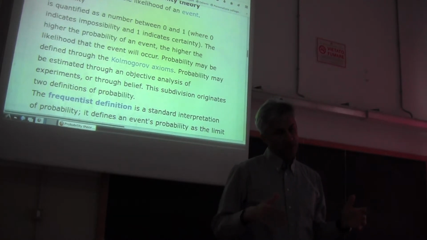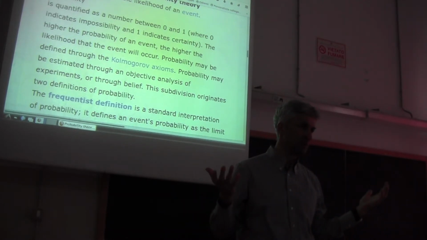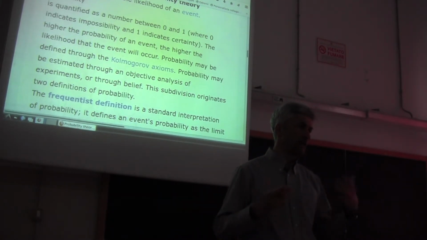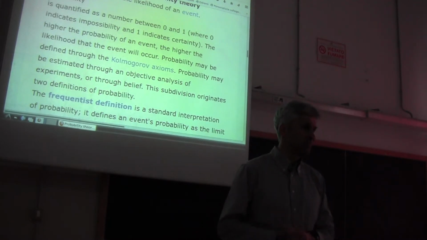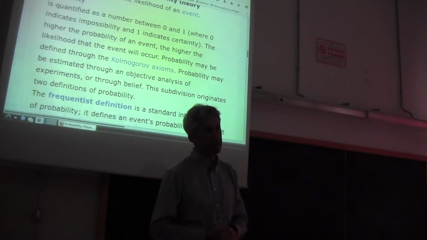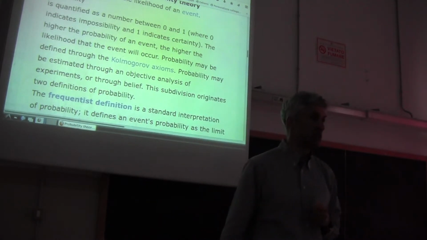And the probability of getting this event is measured through a number from 0 to 1. 0 means that the event is impossible. Even in our current language, sometimes we say the probability that tomorrow the temperature is 40 degrees is 0. Okay? 0 means that the event is impossible. Probability 1 means certainty.